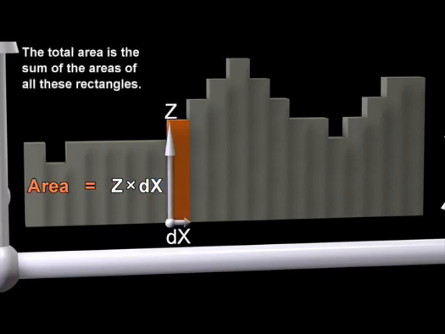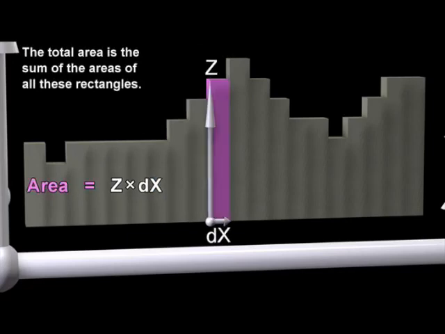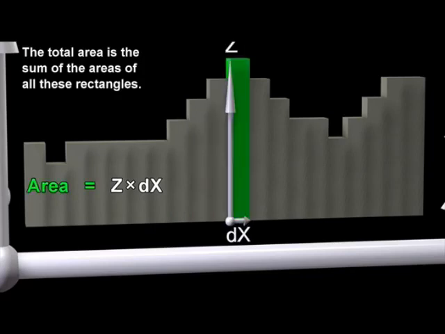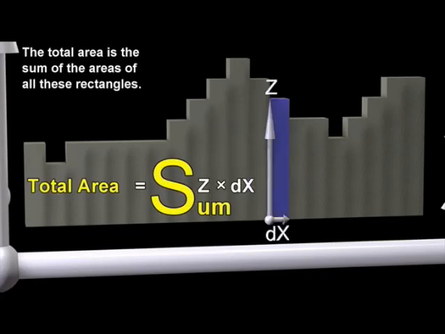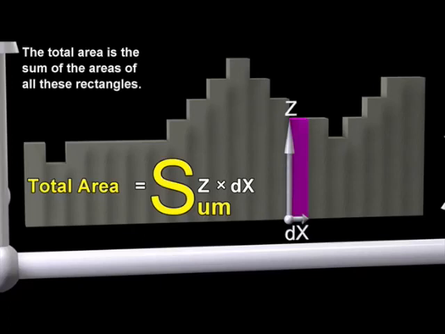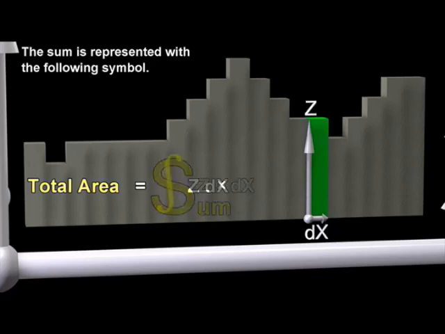The total area is the sum of the areas of all these rectangles. The sum is represented with the following symbol.